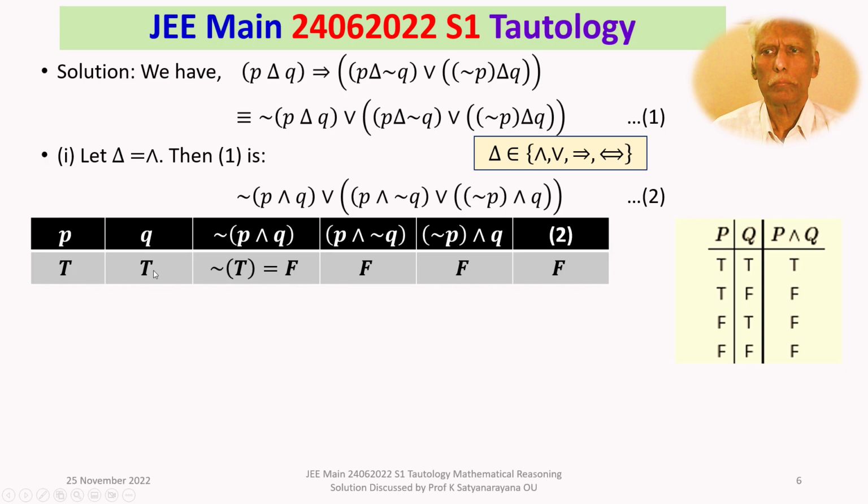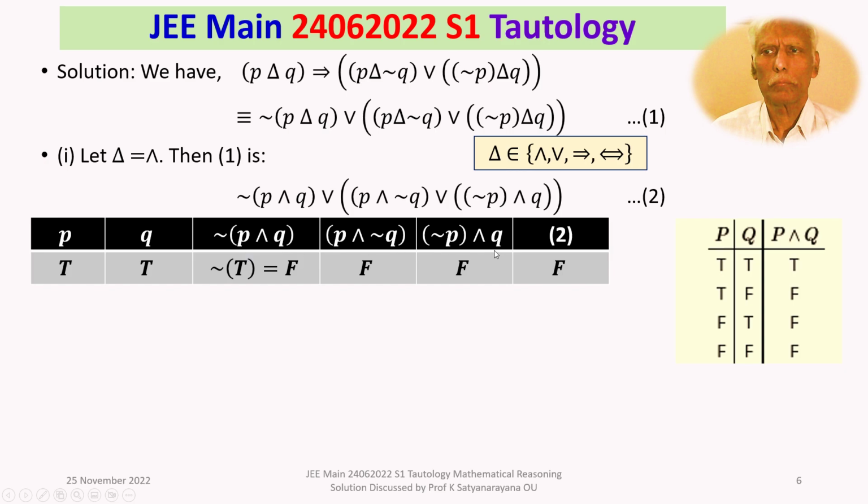So P and Q, T and T is T. Negation of T is false, F. Now P is T and negation of Q is F. So TF is F. And negation of P is F and Q is T, so FT is F. So F or F or F.